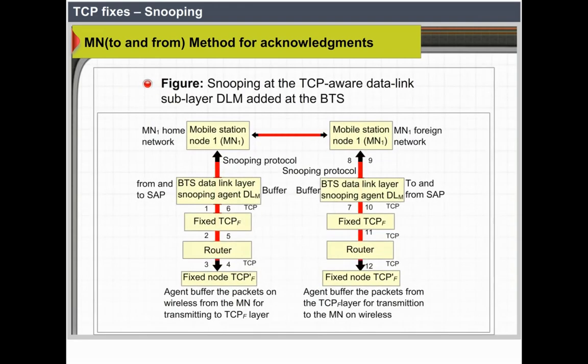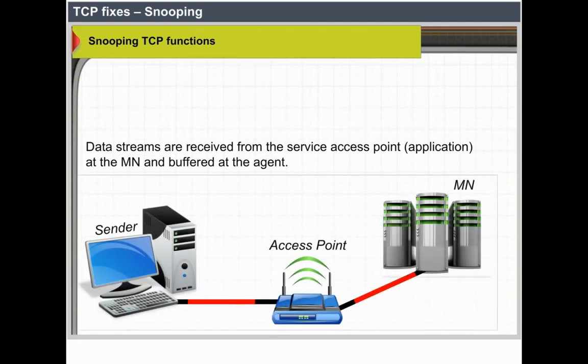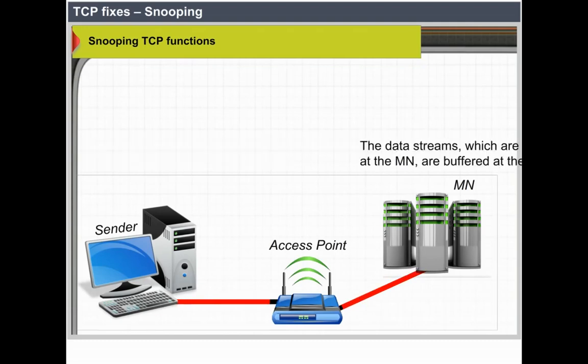Figure shows snooping at the TCP-aware data link sublayer DLM added at the BTS. Snooping TCP functions. Data streams are received from the service access point application at the MN and buffered at the agent.